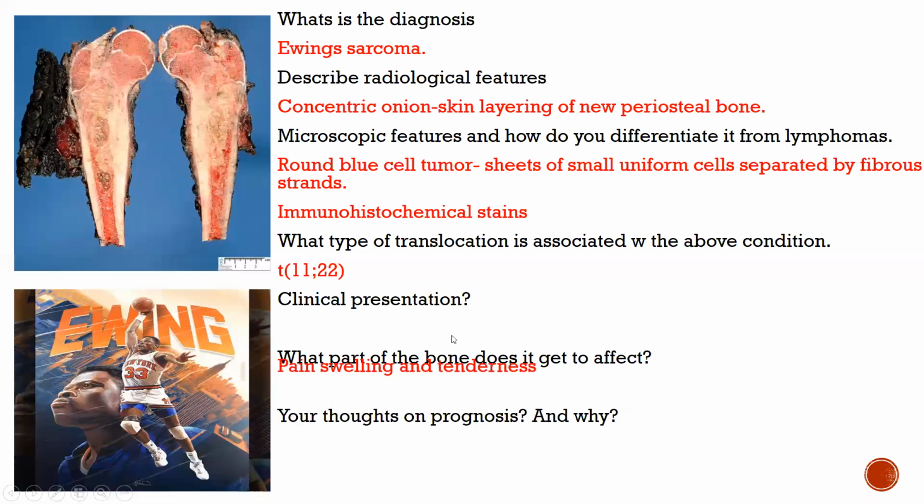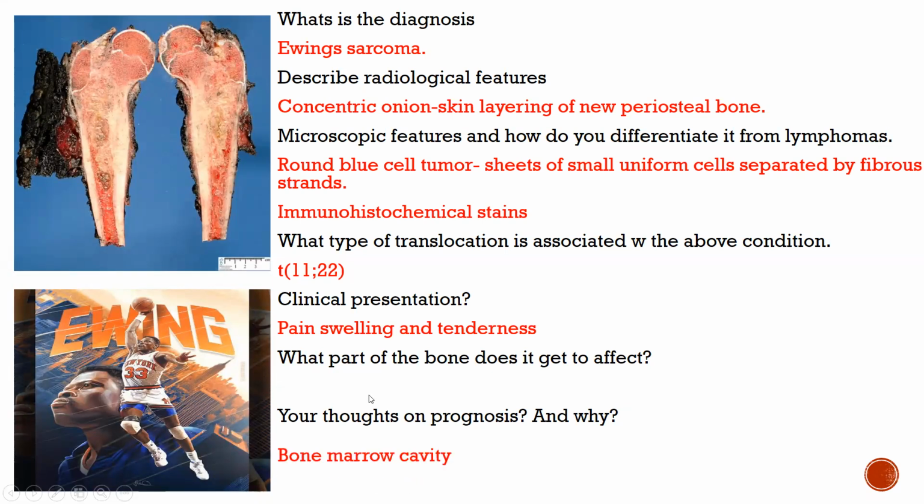Okay. The clinical presentation, we find patients presenting with pain, swelling, and tenderness. What part of the bone does it affect most of the time? The bone marrow cavity, and then it tends to go to the cortex.